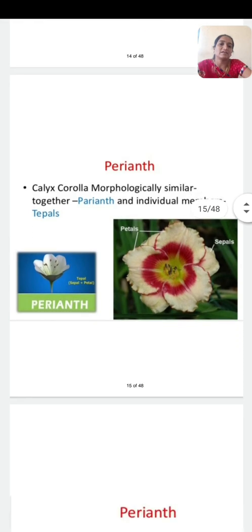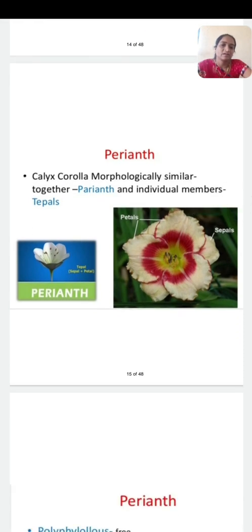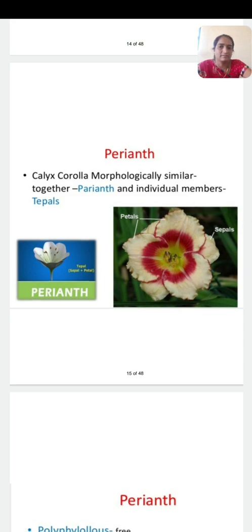Next floral whorl is perianth. Previously, we have learned that there are two non-essential floral whorls, calyx and corolla. Calyx is outermost, green in color, and corolla is the colorful part. But in some flowers, calyx and corolla get united, they form a single whole and it is known as perianth.